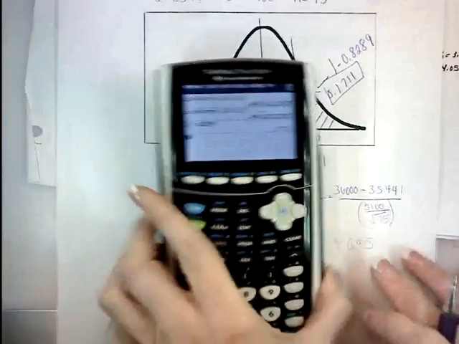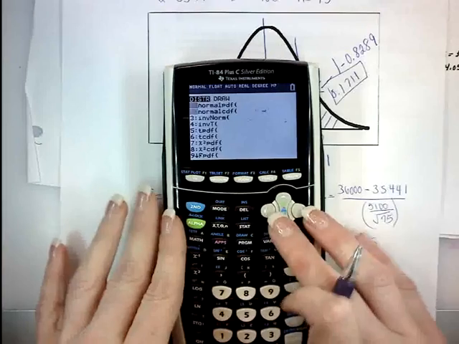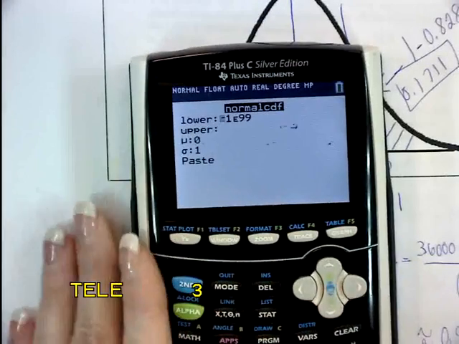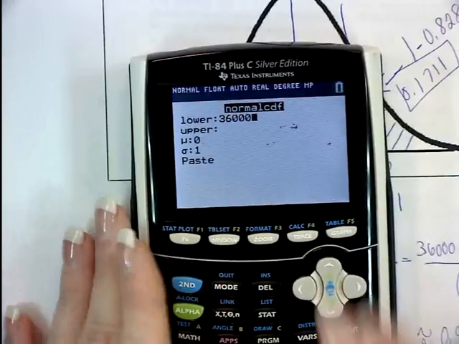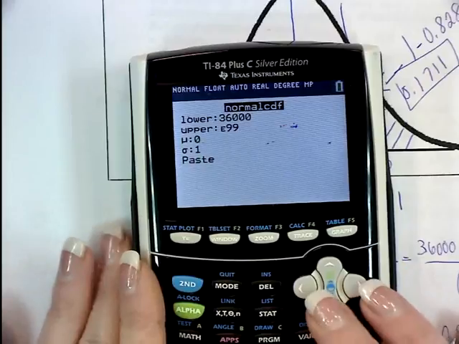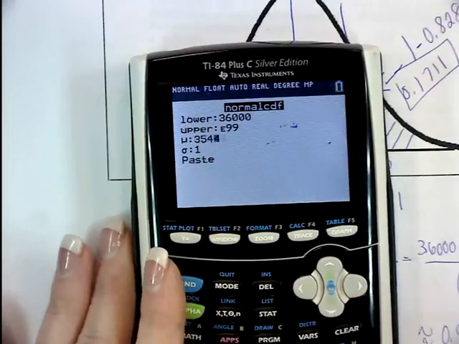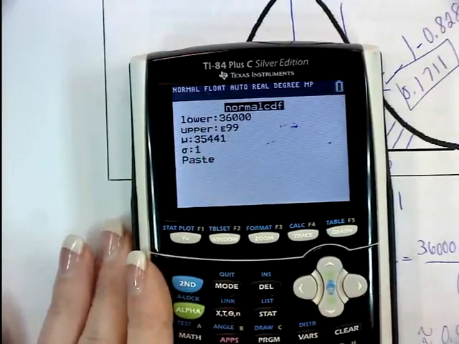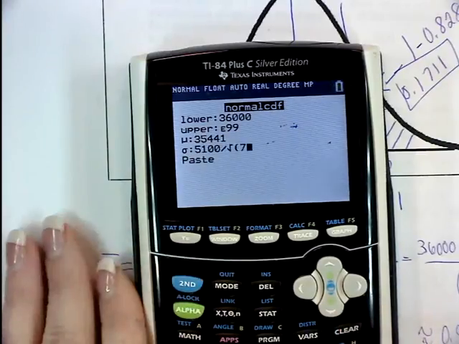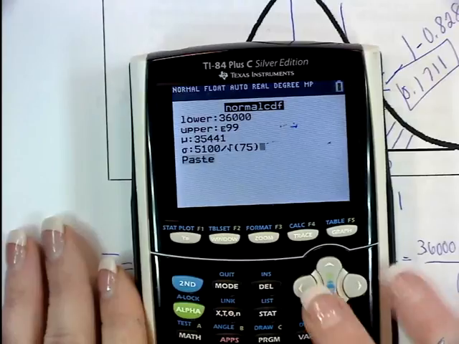0.1711. In the calculator, you would go to normal CDF. You would put in 36,000 for the lower X bar, positive E99 for positive infinity, 35,401, and then standard error of the mean, 5,100 divided by the square root of 75, and then paste.